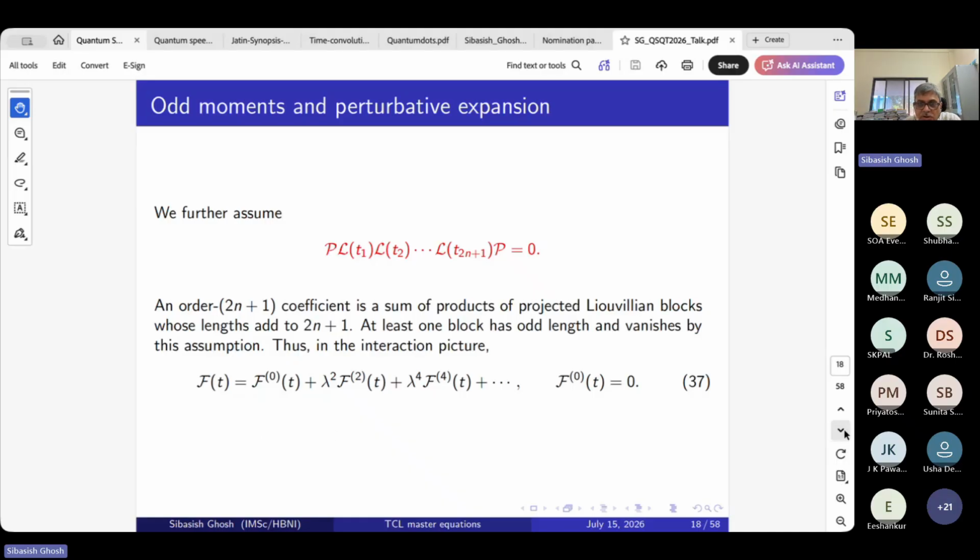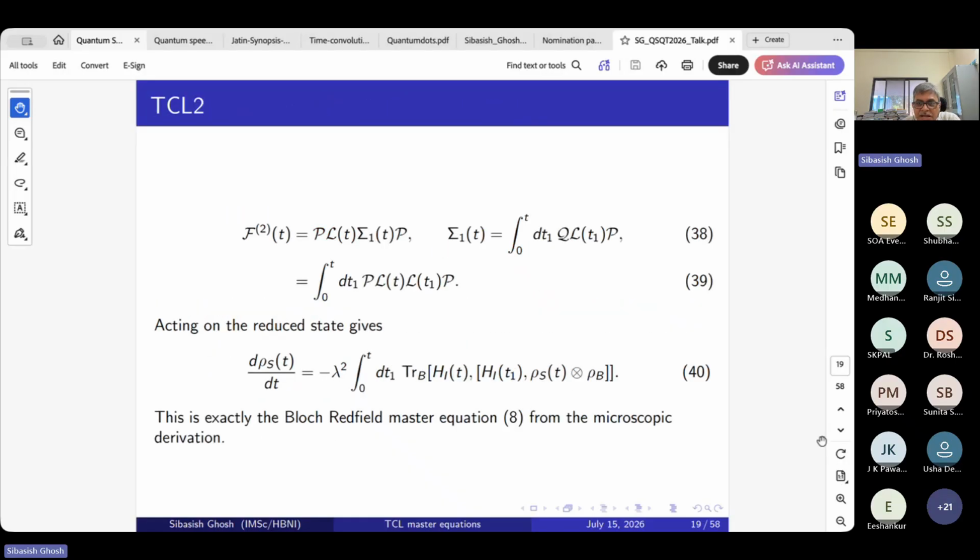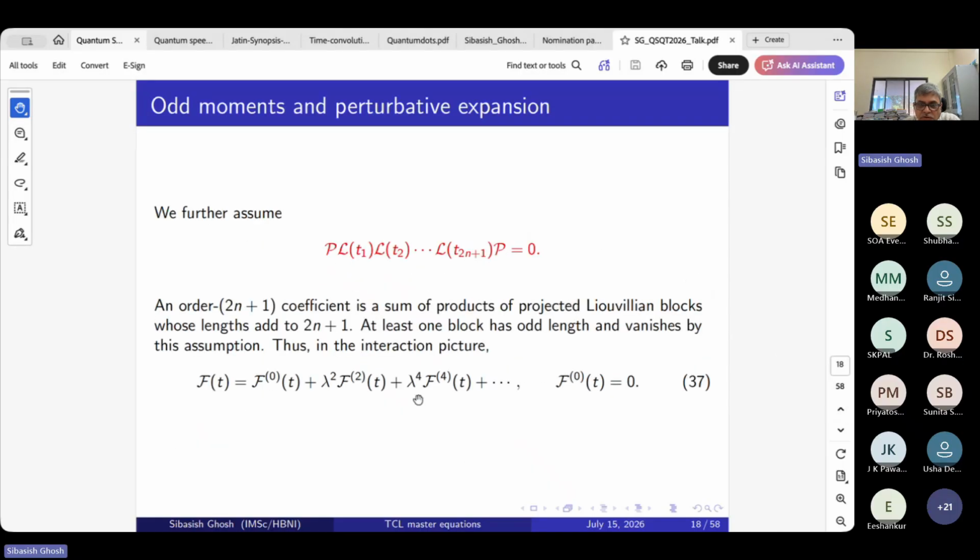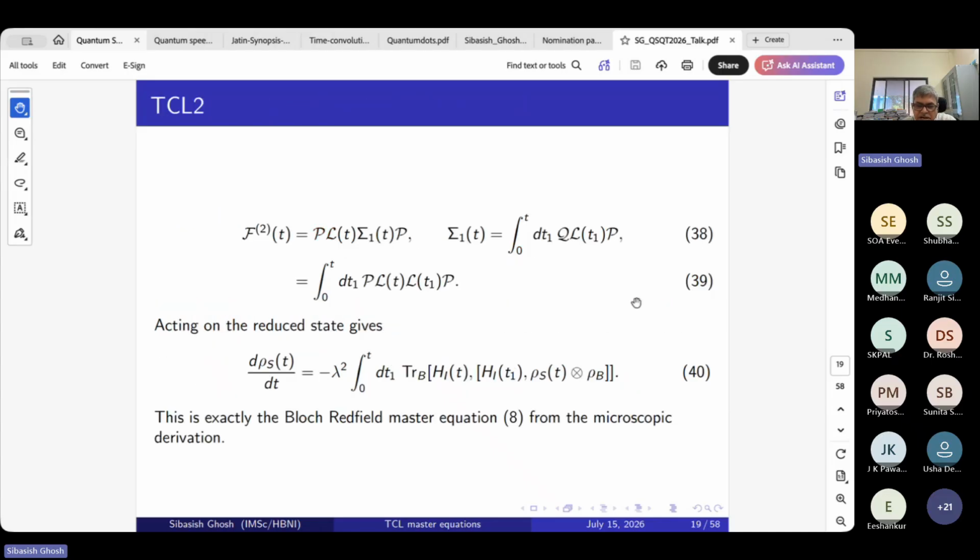Okay. Right. So once you do that, you can write down what will be your f2 of t, f4 of t. So these are the generators of higher order TCL. f2 of t is the generator of the second order TCL, f4 of t is the generator of the fourth order TCL and so on. So if you stick to f2 of t, then you will get this equation 40, which is the time evolution equation for rho s at t.